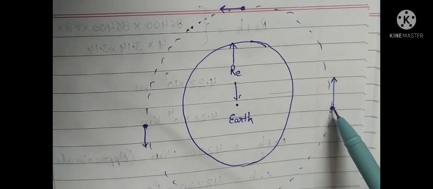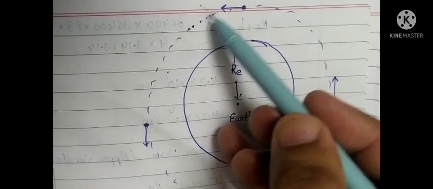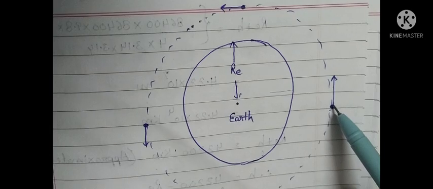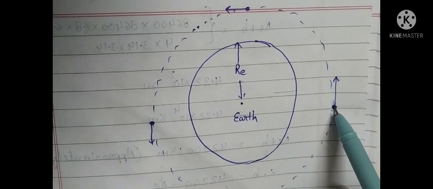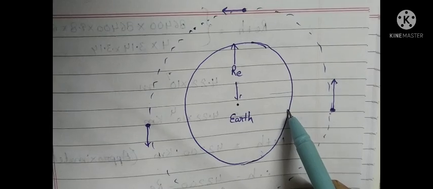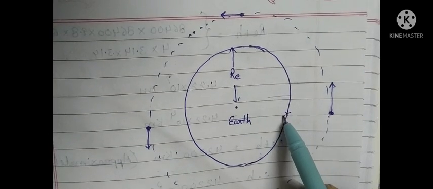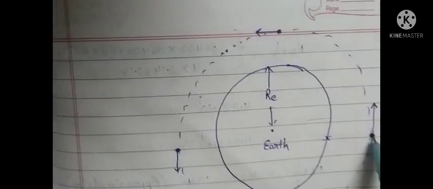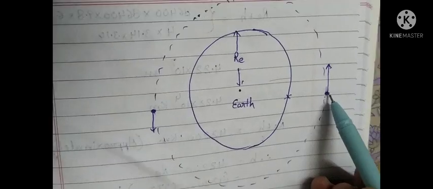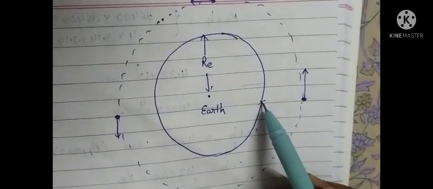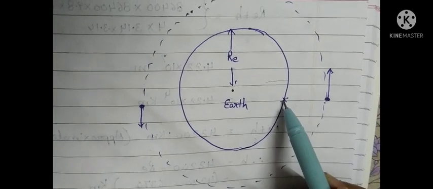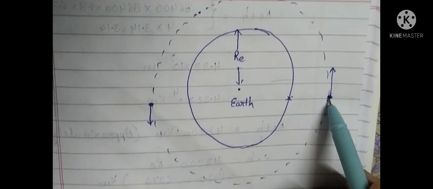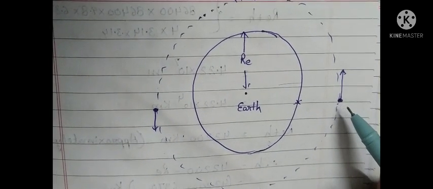Similarly, if the satellite also rotates in this orbit in 24 hours, then this satellite is stationary with respect to the place on Earth. Then the satellite is said to be a geostationary satellite.